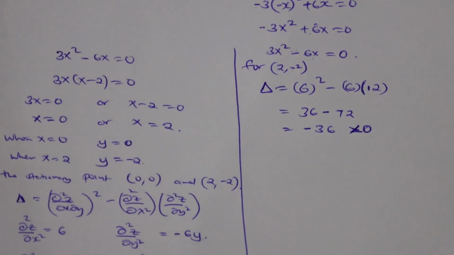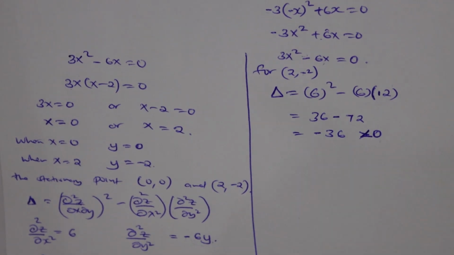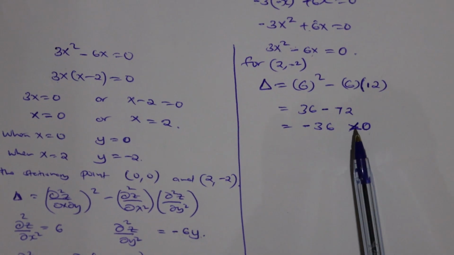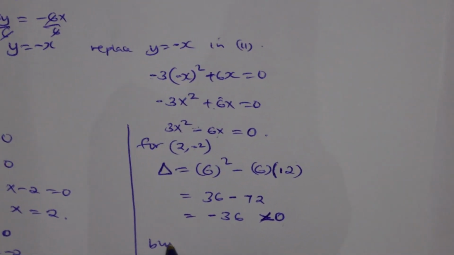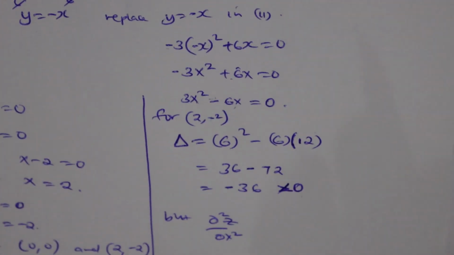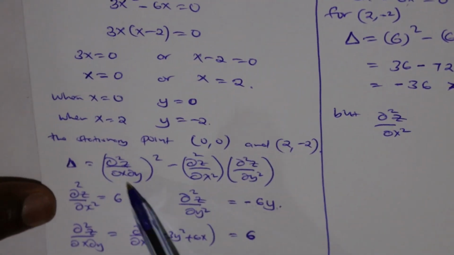And we have said if your value is less than 0, we have two possibilities. It can either be a maximum or a minimum. Therefore you come and check, what is our d squared z dx squared? Is it greater than 0 or less than 0? We come back here and check what our value is.